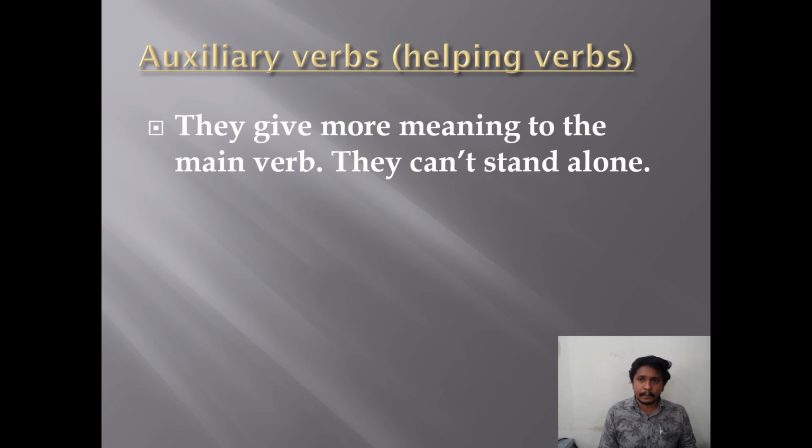A helping verb cannot stand alone in a sentence; it always needs the support of the main verb. There are three forms of auxiliary verbs or helping verbs: be form, do form, and have form.